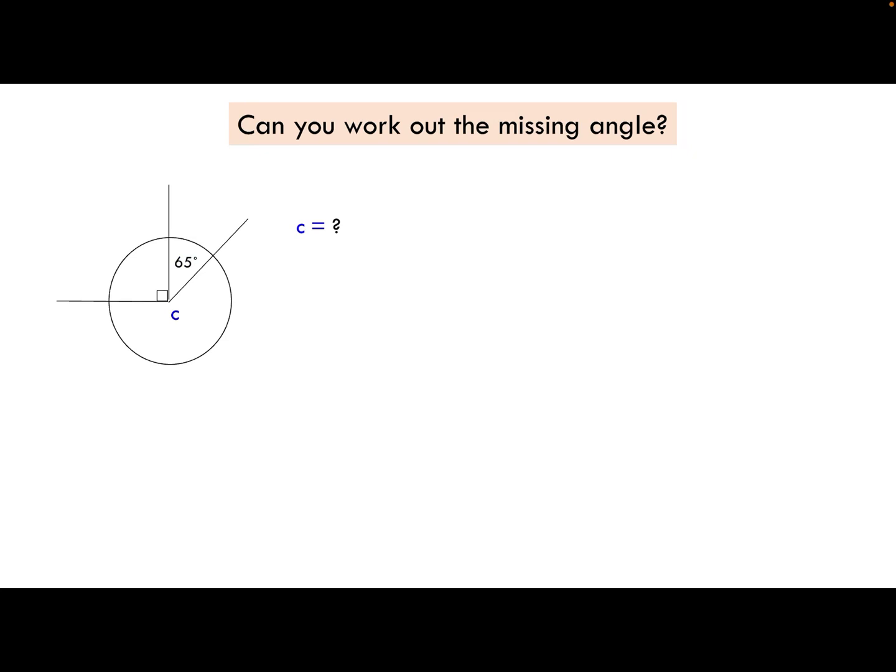Give C a go. Remember, we're doing 90 add 65, and then we're doing 360, take away the answer. Pause the video, have a go. Okay, so we've got 90 add 65. I'm going to do 65 add 100, and then I'm going to take away 10. 65 add 100 is 165, take away 10, 155.